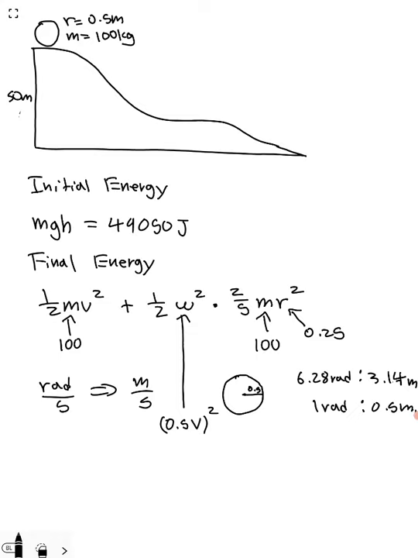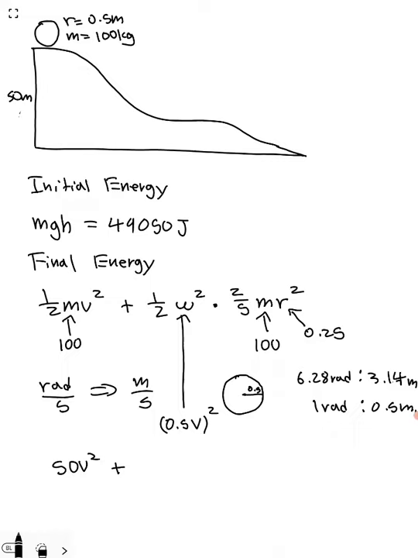Starting with the first term, this is going to be 1/2 of 100, which is 50v squared, plus the second term, which is going to have a lot of constants. So it's going to be 1/2 times 0.5 squared times 2 over 5 times 100 times 0.25.